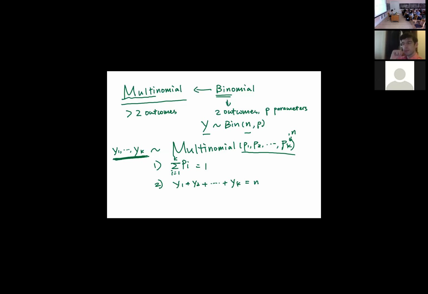But you notice that because I asked 100 people, the number of counts in each of the categories should sum up to 100. So that's what that restriction is. And then also here, P1, P2 until P5 give you the probability of a person falling into that particular category. And they sum up to 1 because you assume that in your sample space, those are the only 5 choices that you have.